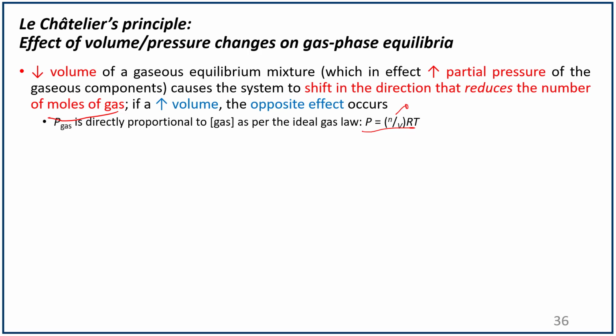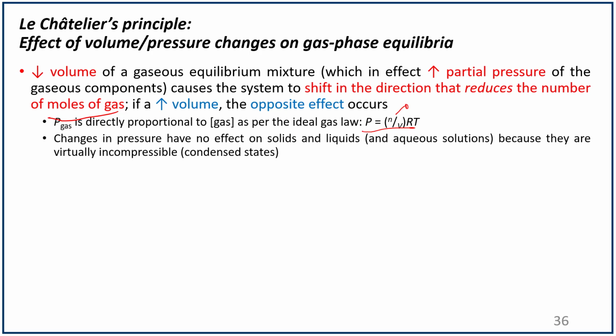Now, if you're considering gas phase equilibria, pressure and volume are inversely proportional to each other. So if you see problems such as a decrease in volume, that's also equal to an increase in partial pressure of the gaseous components. The same but opposite can be said for increasing the volume, which just means you're lowering the partial pressure of the gaseous components.